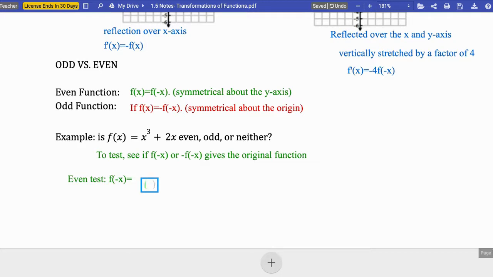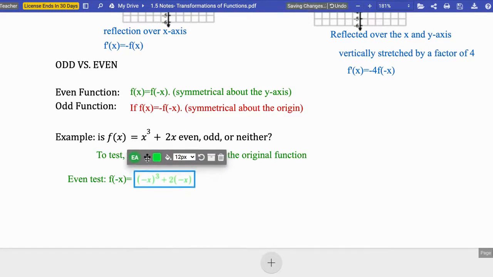So this becomes negative x cubed plus 2 times negative x. Again, I'm just checking if when I simplify this, this is still f of x. Well, if I simplify it, I end up with negative x cubed minus 2x.